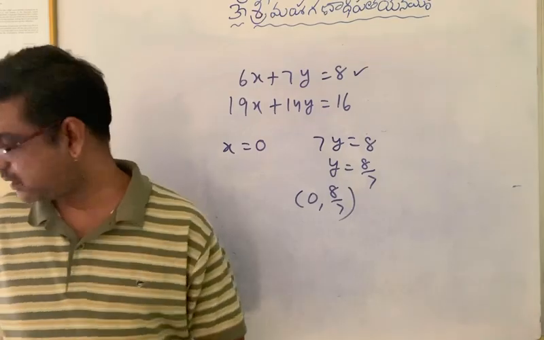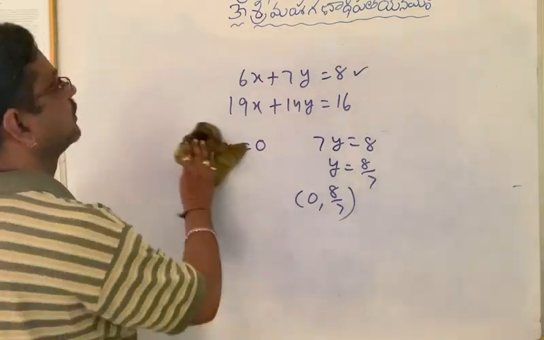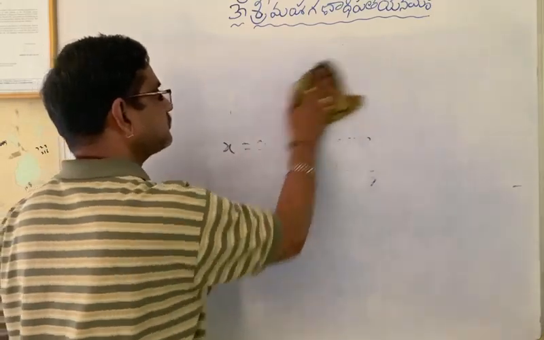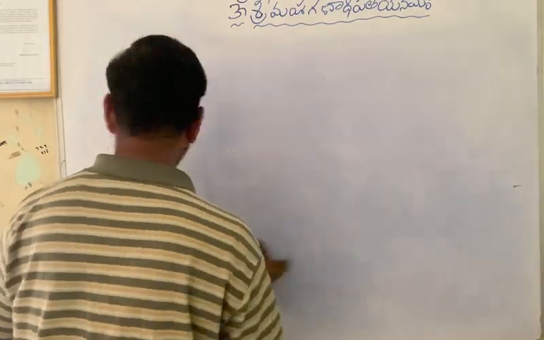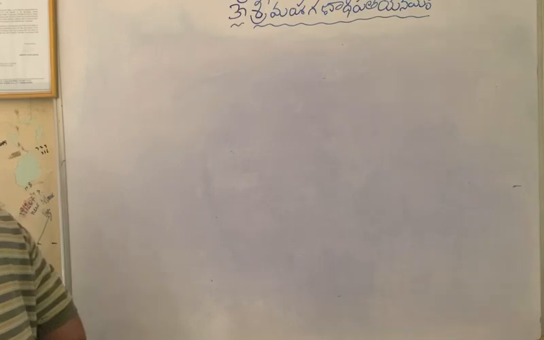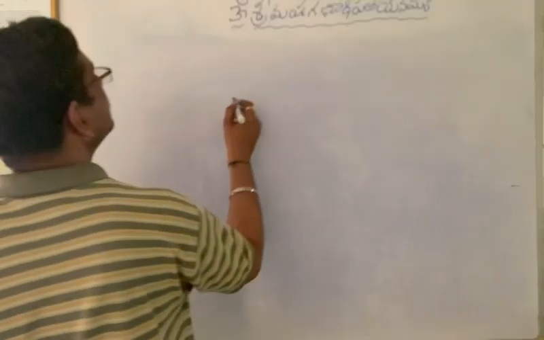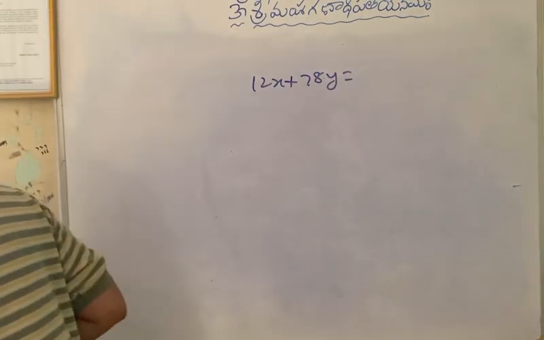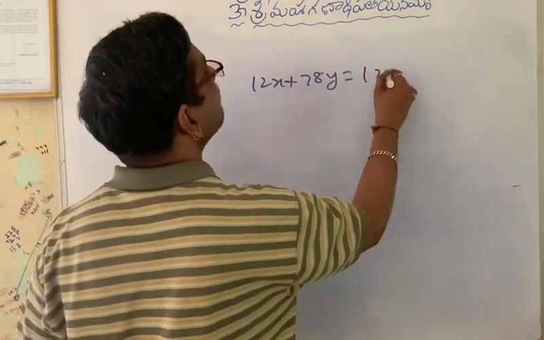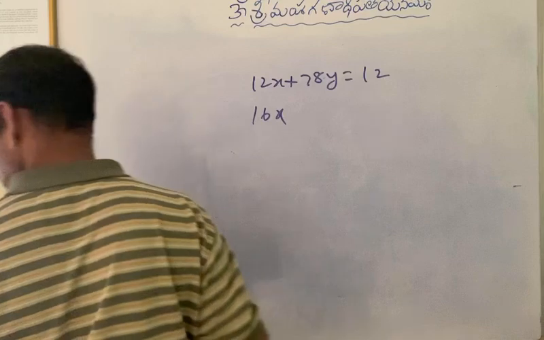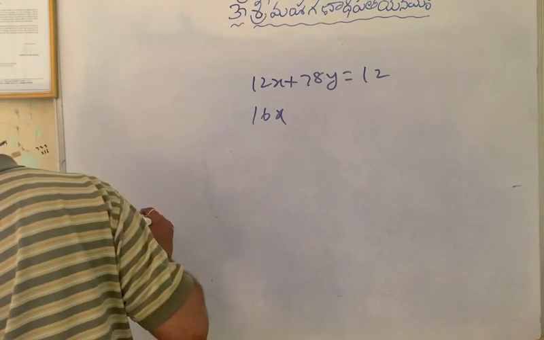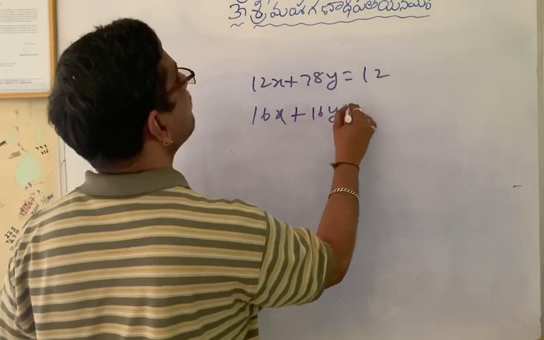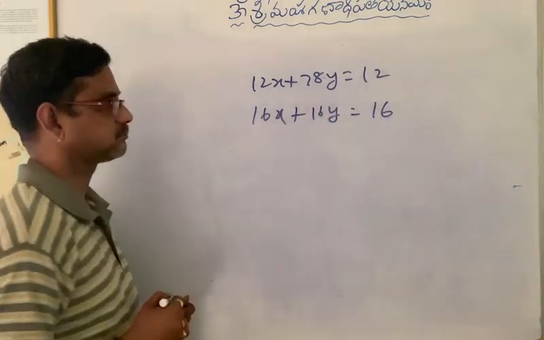What happens when A1 by A2 is equal to C1 by C2? Let us consider an example: 12x plus 78y is equal to 12, 16x plus 16y is equal to 16.